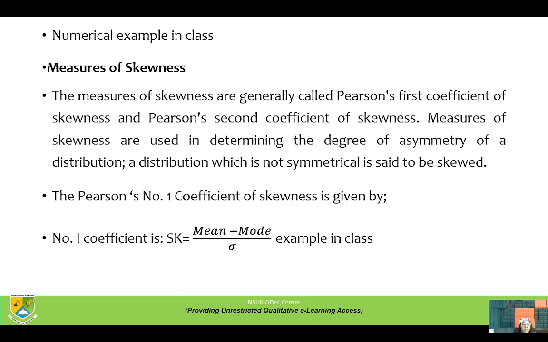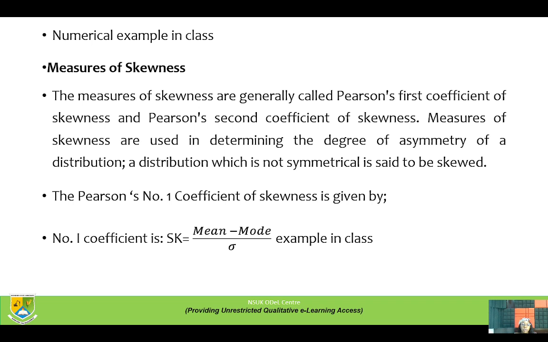So we now move to measures of skewness. The measures of skewness are generally called Pearson's first coefficient of skewness and Pearson's second coefficient of skewness. Measures of skewness are used in determining the degree of asymmetry of a distribution.